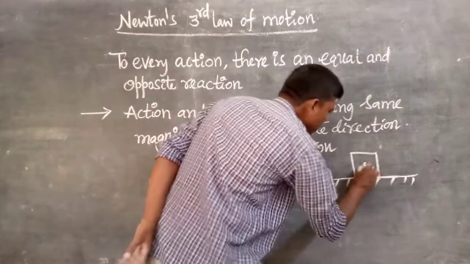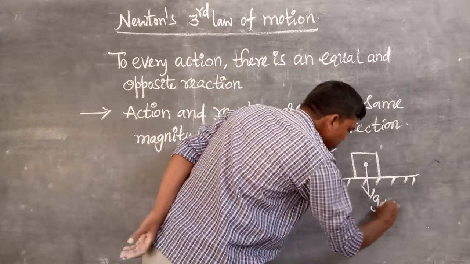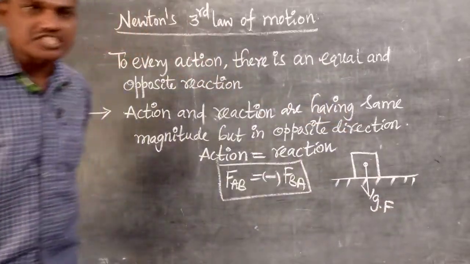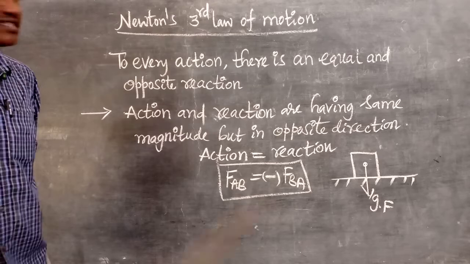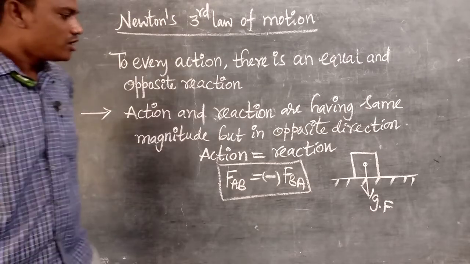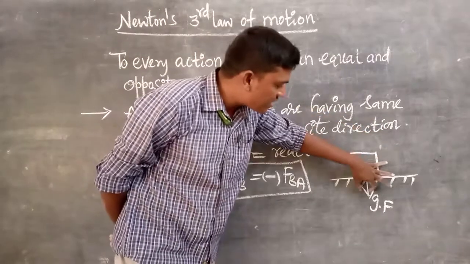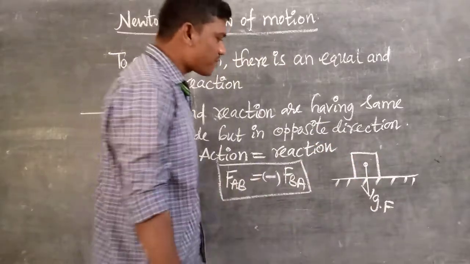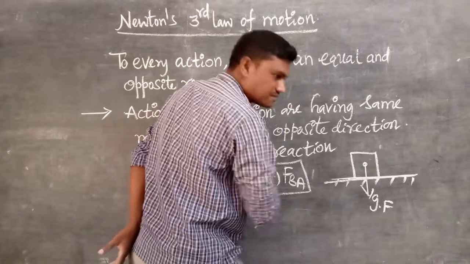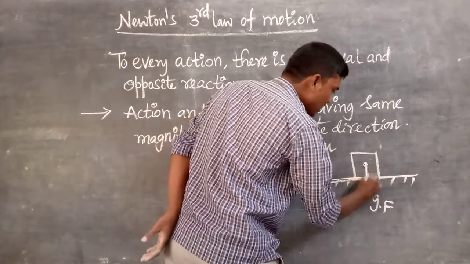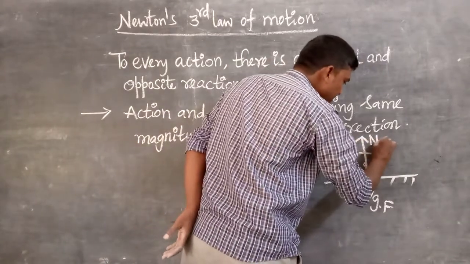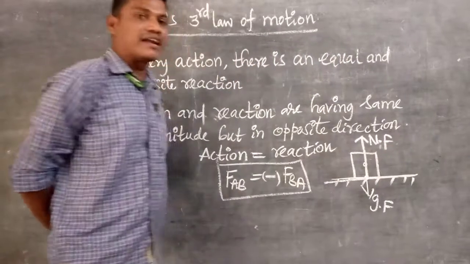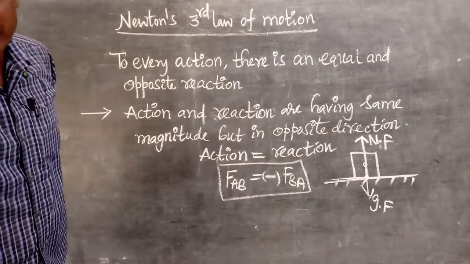Now, on this body, we know that the gravitational force is acting in which direction? Downward direction. Is it correct or not? So on this body, the earth's gravitational force is acting vertically downward. In the same way, the surface applies some force on the body vertically upward, which is called the normal reaction or normal force.